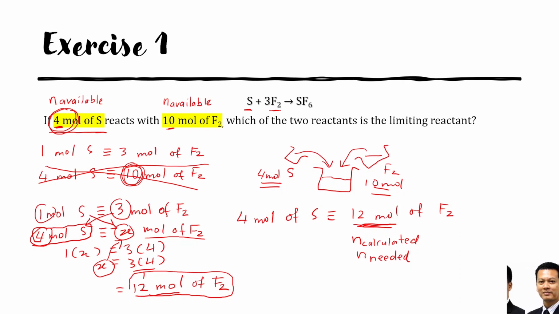Okay, so which one is limiting reactant? Is it S or is it F2? So you need to use this data to write something like this.